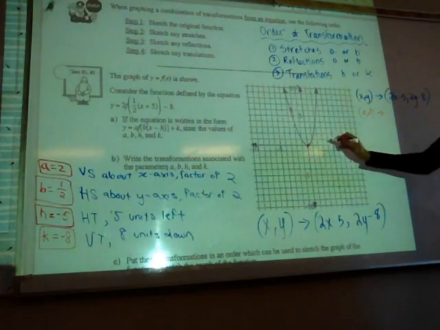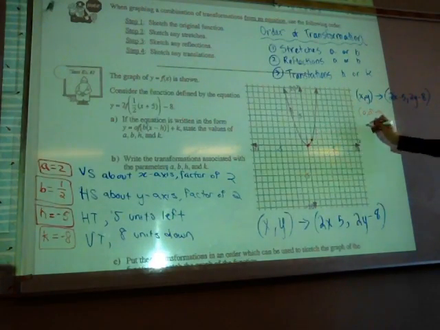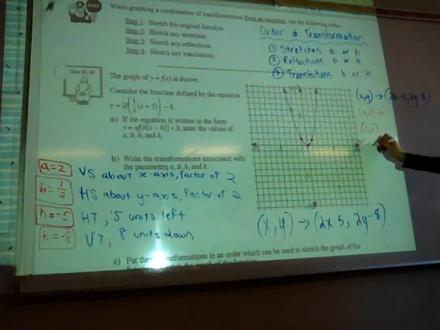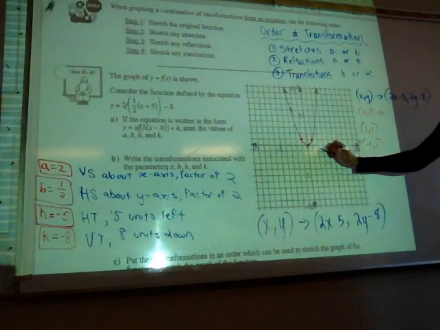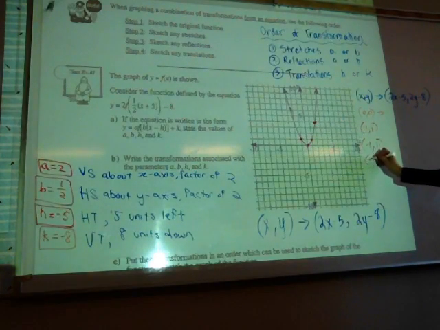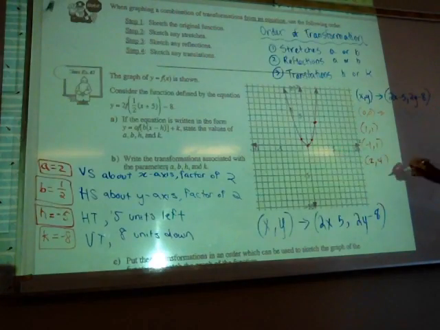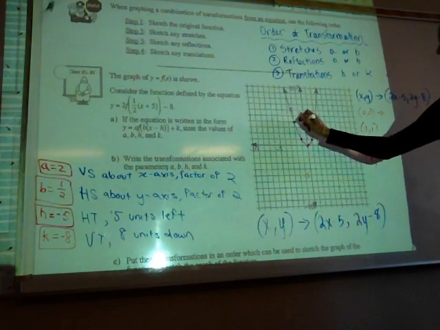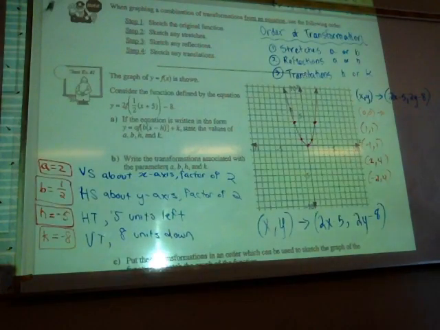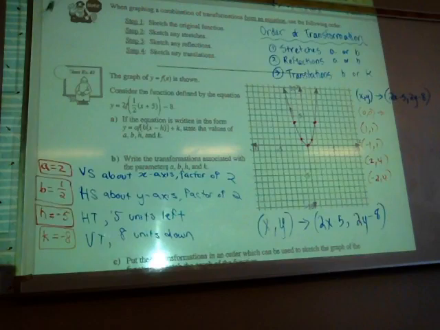Another one would be 1, 1. Negative 1, 1. Looks like there's positive 2, 4. Let's do one more, negative 2, 4. I think those are enough points that we could get the shape of the parabola after the transformation.